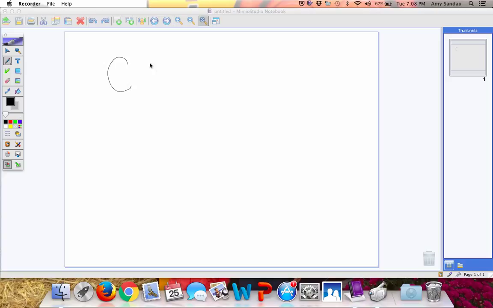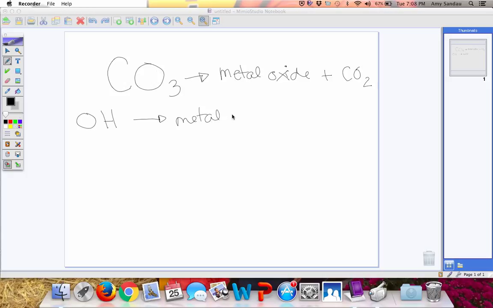If you have a metal with a carbonate, which is CO3, that's going to decompose into a metal oxide plus carbon dioxide. If you have a metal with a hydroxide, that's going to decompose into a metal oxide again, and the other product is going to be water.